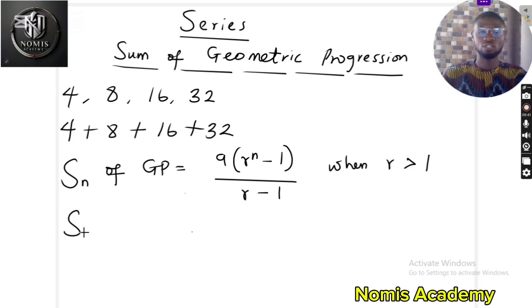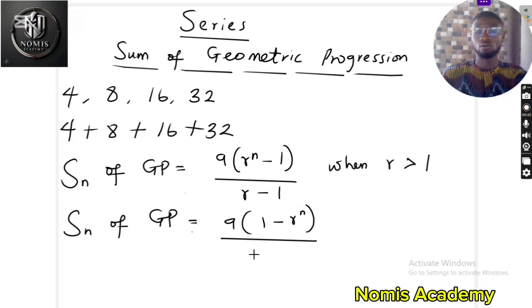But it can be changed otherwise when R is less than 1. So the sum of GP, geometric progression, will be A, open bracket, 1 minus R raised to the power of n, close bracket, all over 1 minus R, when R is less than 1.